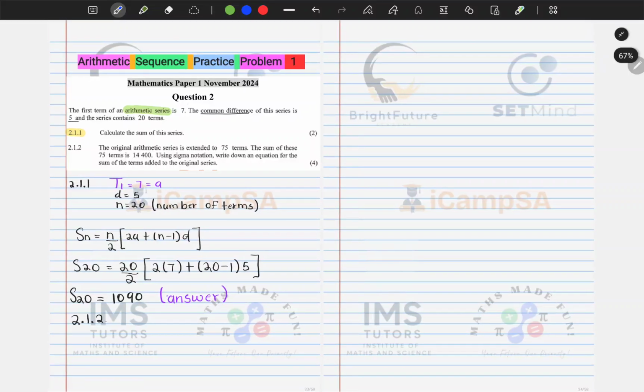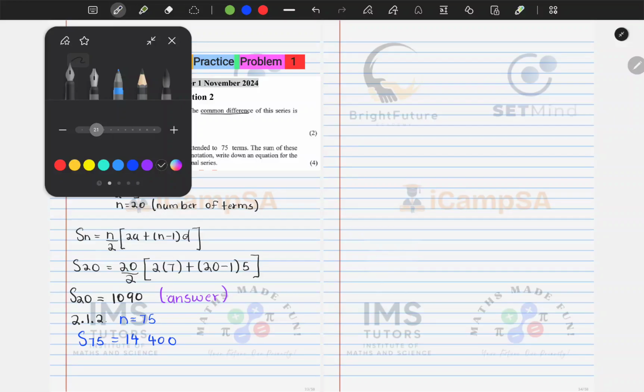This is very important for us to understand. Essentially we now have a series with 75 terms, so n is 75, and the sum of 75 terms is 14,400.